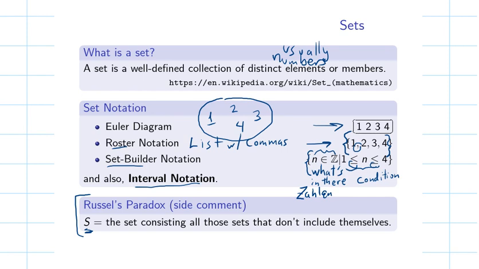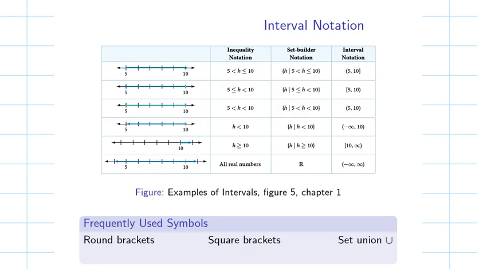Then we're going to say S is the set of all of these normal sets, the set consisting of all those sets that don't include themselves. And Bertrand Russell, the famous philosopher, asked the question: does S include itself? Think about that. That's really an aside from this course. And let's go on to interval notation.